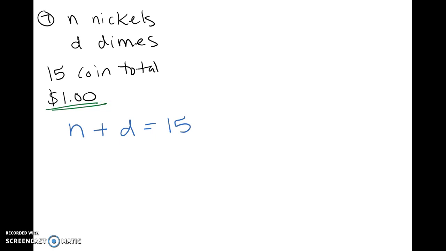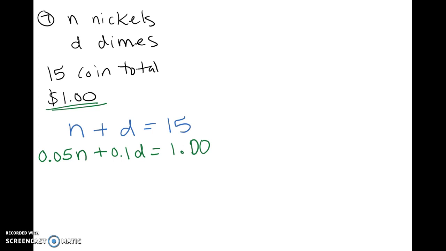How do you write 5 cents as a decimal? So 0.05 N plus, how do you write dimes as a decimal? 0.1 D equals a total of $1. Okay, so here's my system of equations.